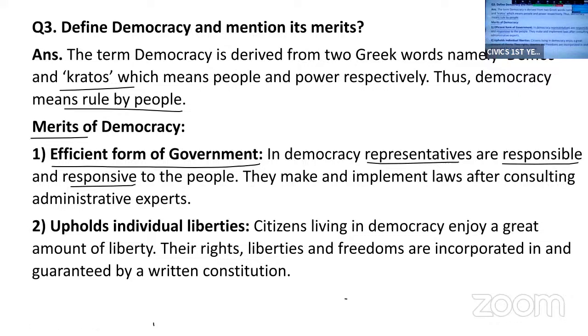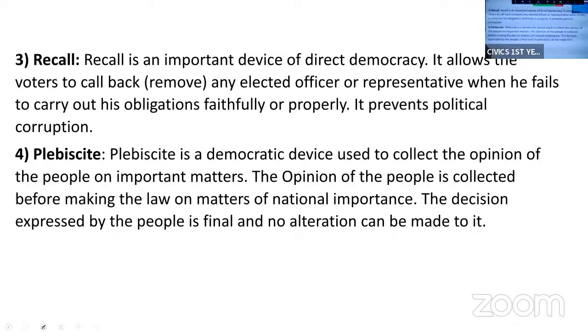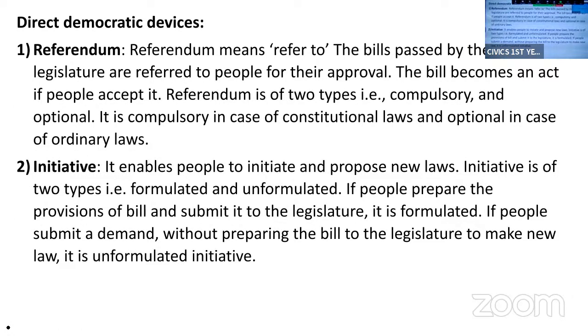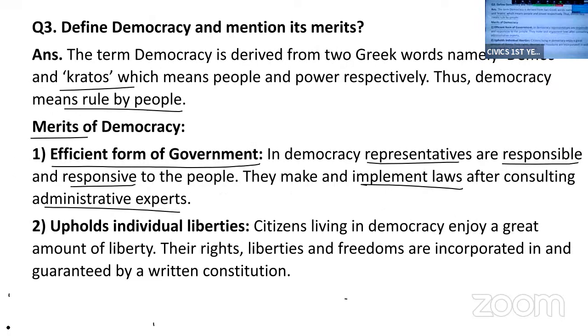Whatever decisions are taken by the government can be questioned. When laws are made, they are consulted with the administrative experts. That is why we say that it is an efficient form of government.